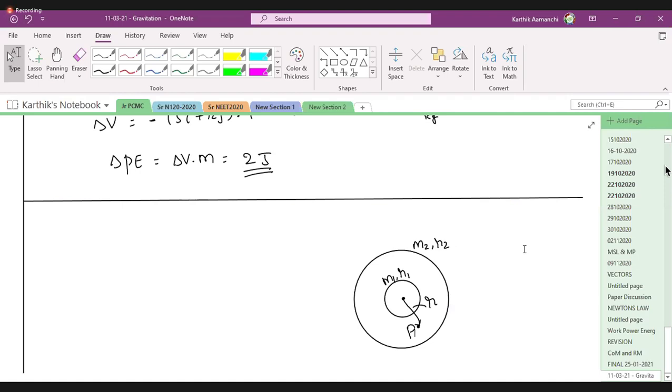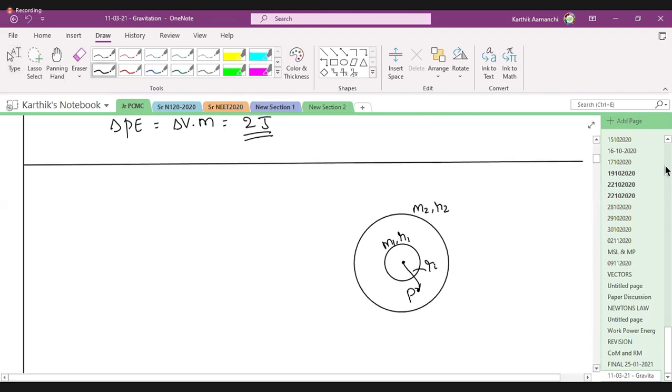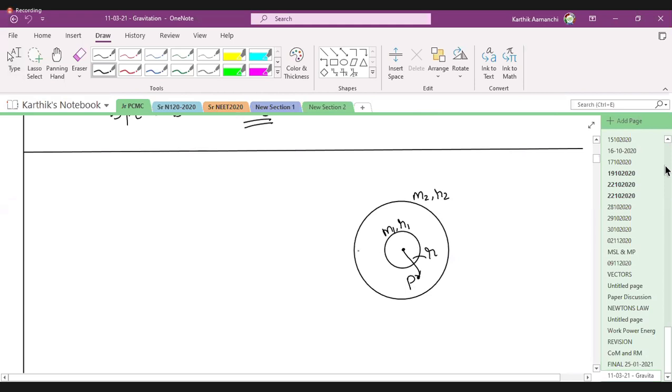Minus G M1 by R square. See, I say it is a constant spherical shell, right? Yes, sir. For the shell inside, what is your field? 0.